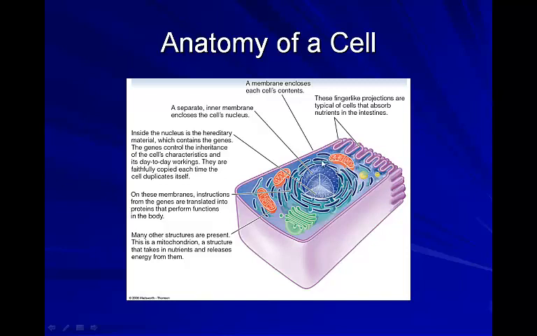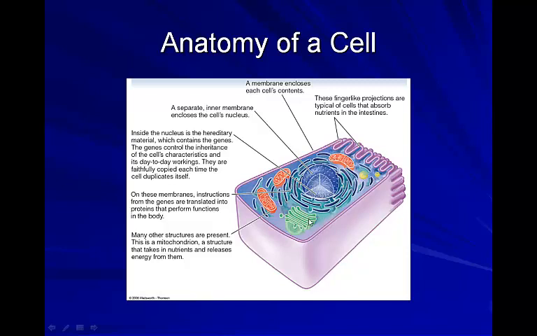They all have an outer cell membrane which helps regulate what comes in and out of the cell. They all have a nucleus that houses the DNA, that genetic blueprint. And then they have other structures we call organelles. A cell is very much like a human in that it has a whole bunch of different structures inside of it that function in very specific ways.